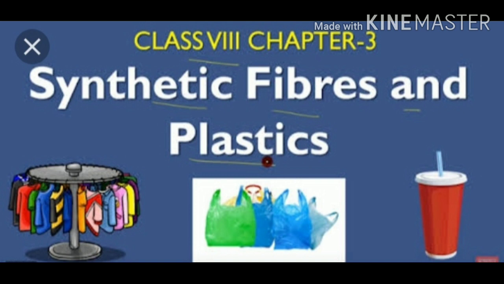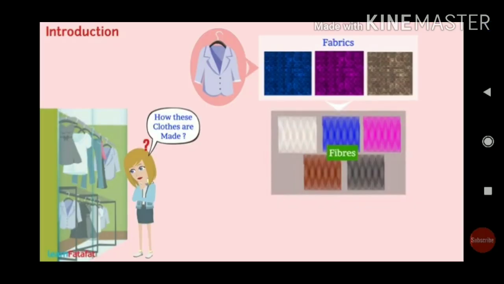Say your uniform is a white shirt and a blue pant. You go to the cloth showroom and ask the salesperson to show you the white shirt and the blue pant.